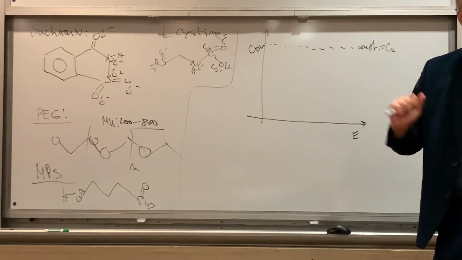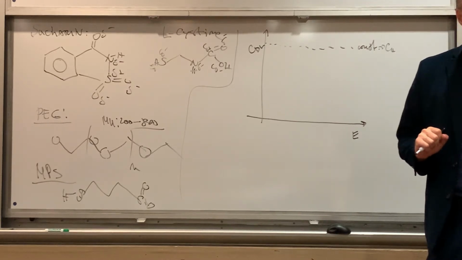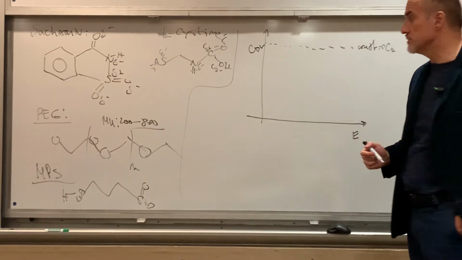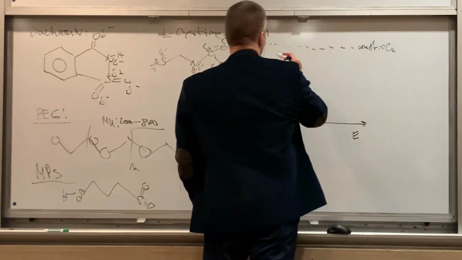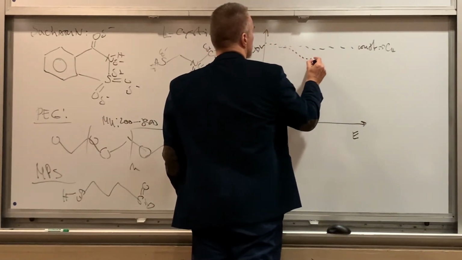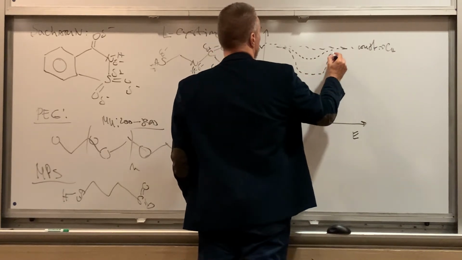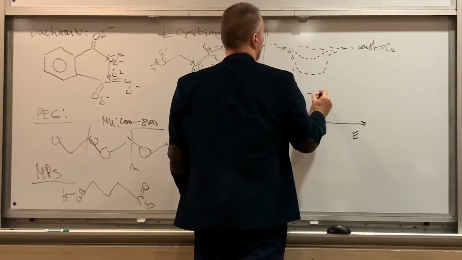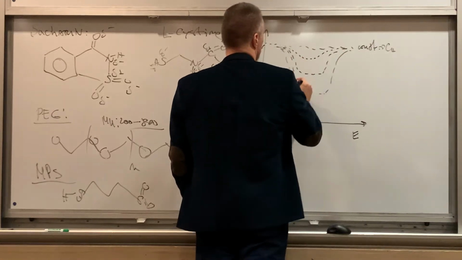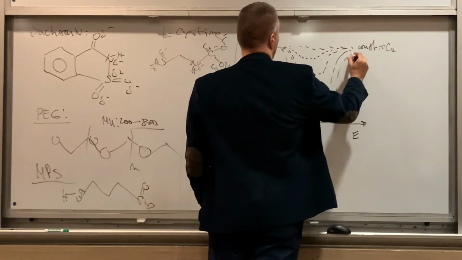But then I start adding some organic molecule in certain concentrations. As I keep adding, I'm going to see a little bit like this. Then with higher concentration like this, then like that, and eventually really like this.